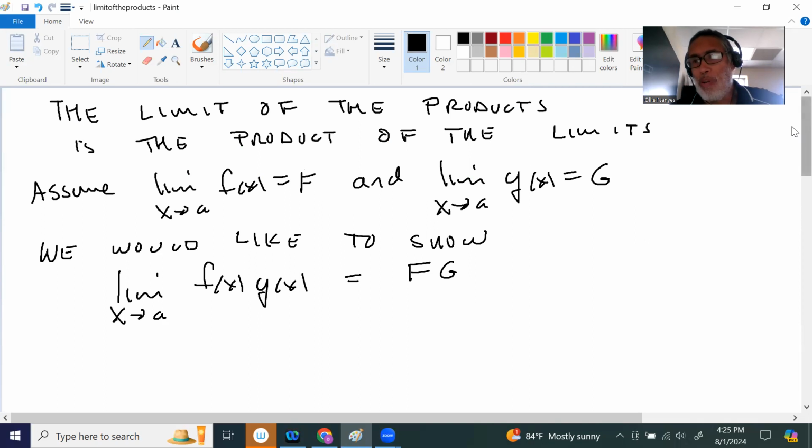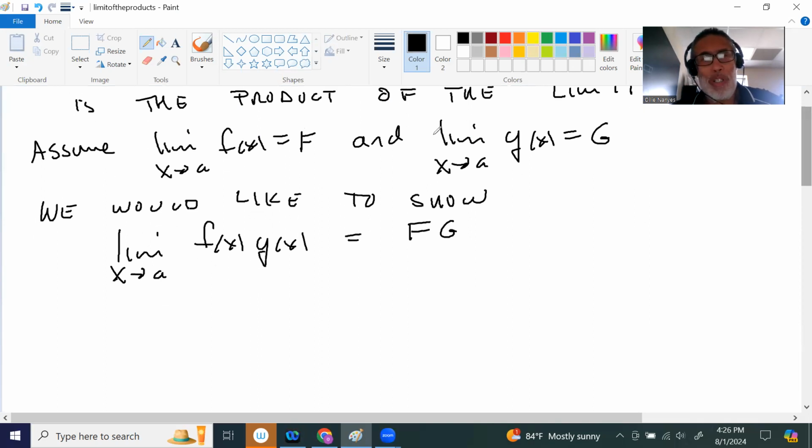Now, you might say, why would we guess that? You can do some playing around, but I think it's somewhat intuitive. If little f is getting close to big F and little g is getting close to big G, you would imagine that the product would be getting close to the product, right? And of course, imagining it and proving it are two different things.